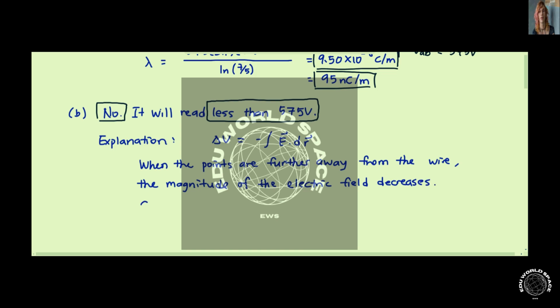So delta V decreases for the same delta r.